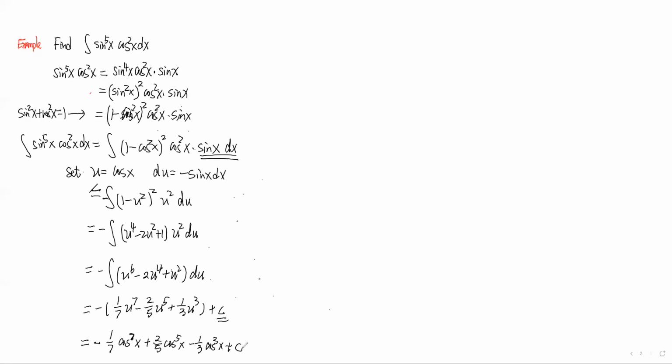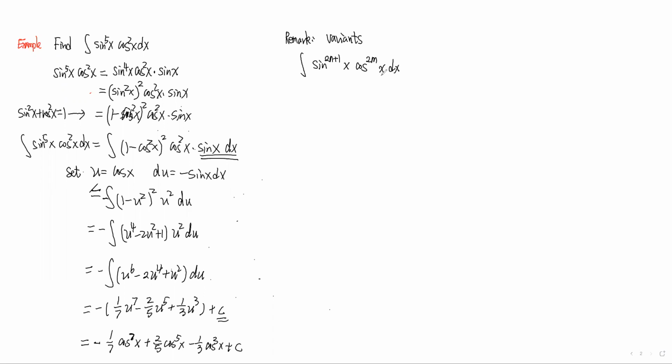So I'll write a remark. How do we do this kind of problem? Remark or variants. For example, the problem is sine to the power 2n plus 1 of x, cosine to the power 2m of x, dx.